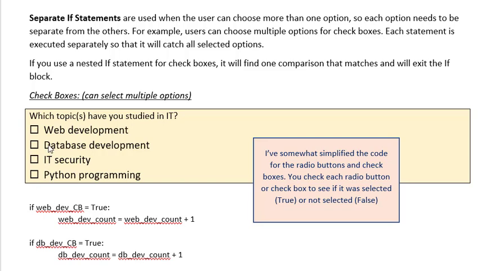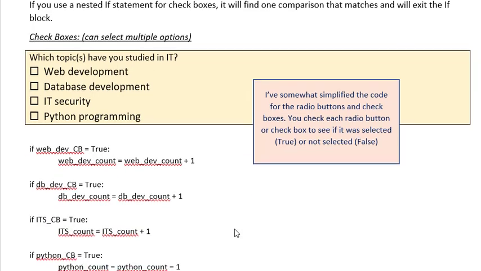So it will not check these items. You can use separate if statements that will select each item and check it to see if the user has selected it or not. In that case, you will have 4 if statements here to check each individual box.